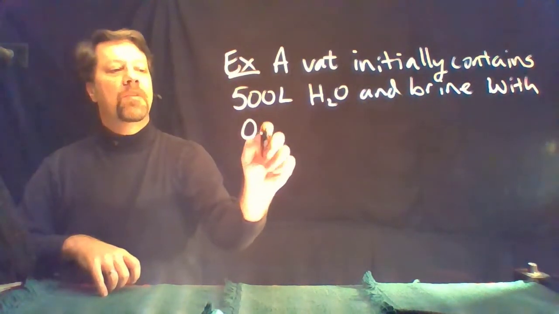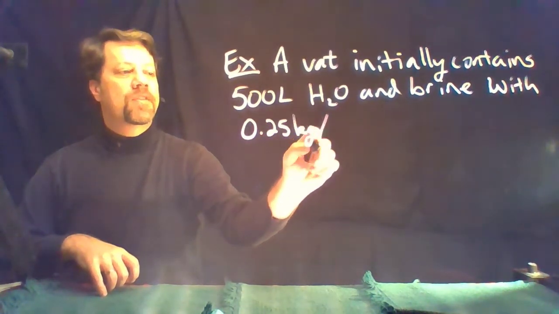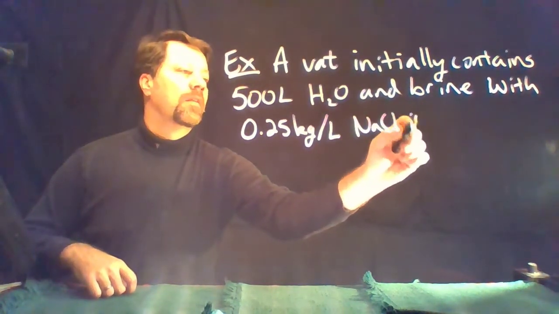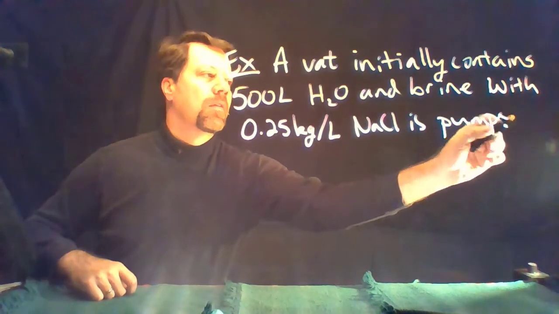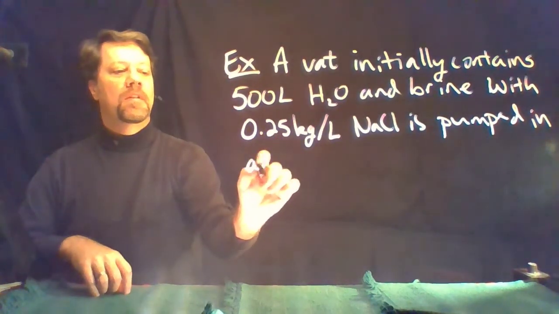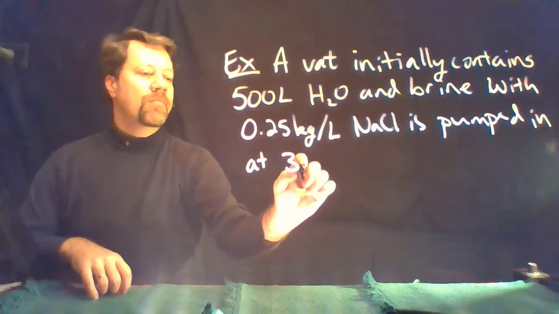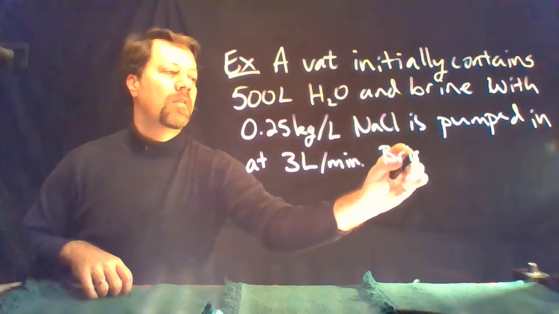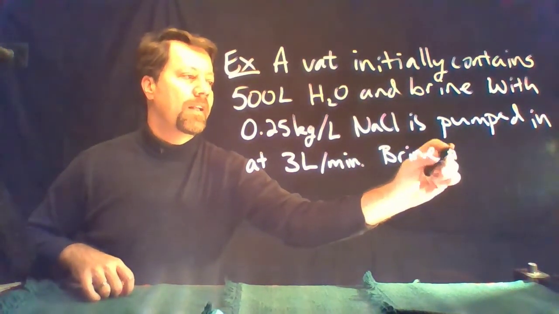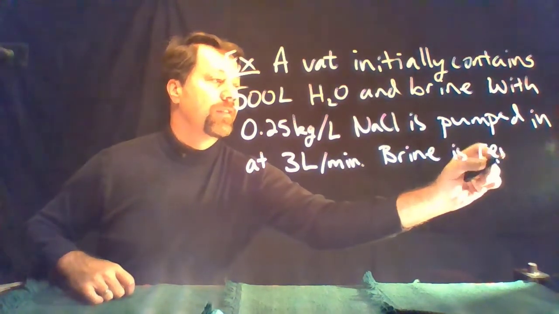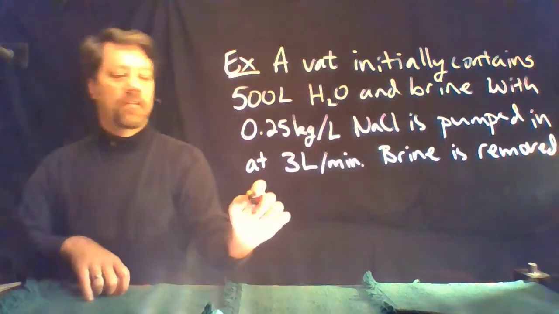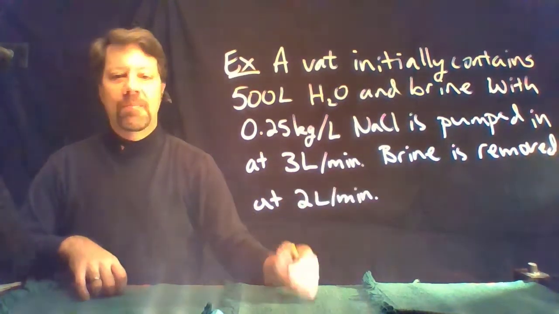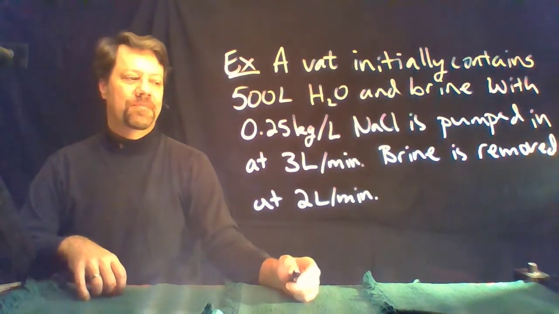Let's suppose it has 0.25 kilograms of salt per liter is pumped in at a rate of, let's say, 3 liters per minute. Brine is removed from the vat at 2 liters per minute. And we're assuming that the brine is very quickly and efficiently mixed.